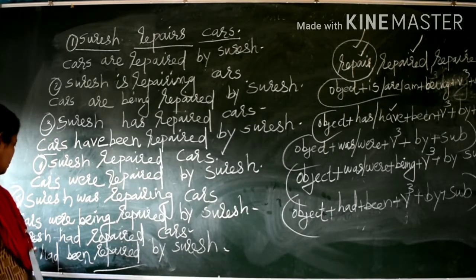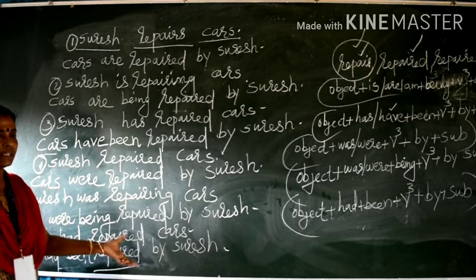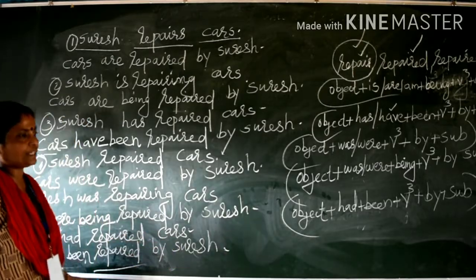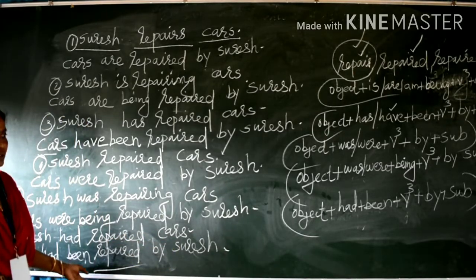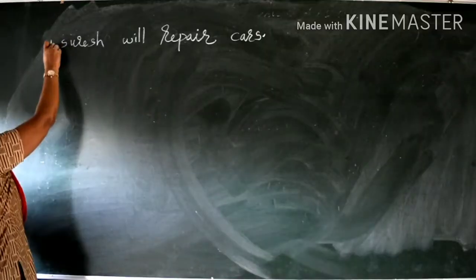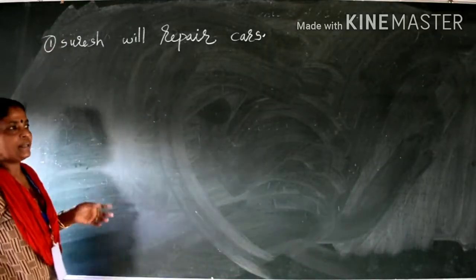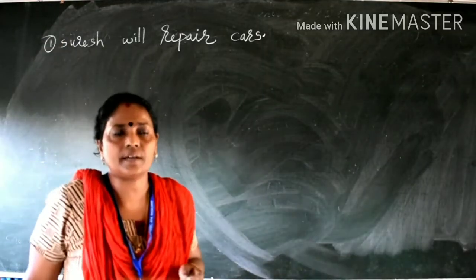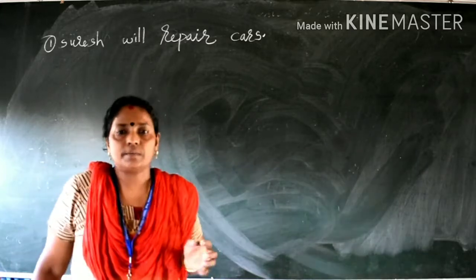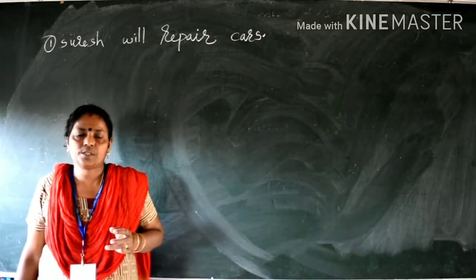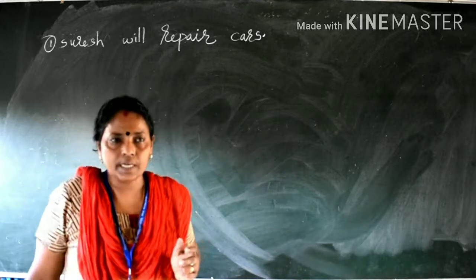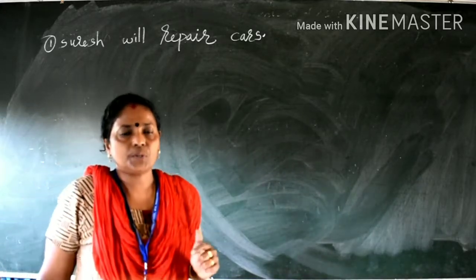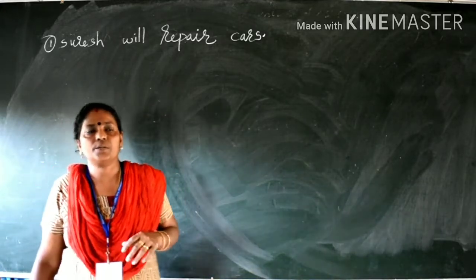Suresh had been repairing the cars is the past perfect continuous tense. That tense has no voice. I have already explained there are 12 tenses in English. The first one is simple present tense, second is present continuous, third is present perfect, fourth is present perfect continuous tense.